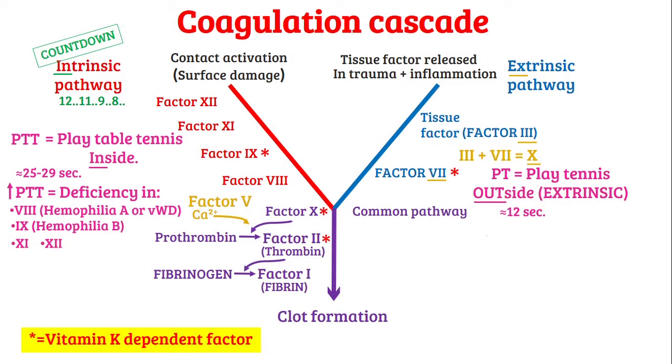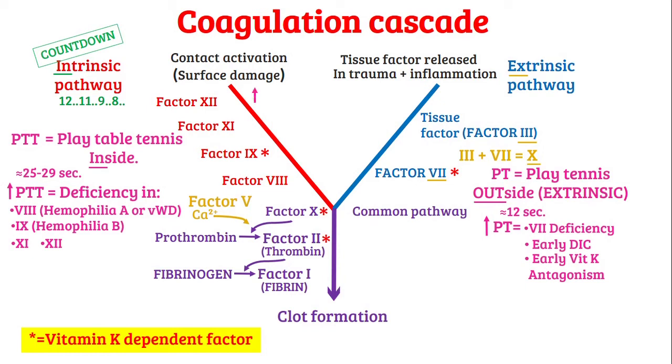A prolonged PT with a normal PTT can come from factor 7 deficiency and may also be a sign of incoming disseminated intravascular coagulation or an early sign of vitamin K antagonism. Since factor 7 has the shortest half-life, in an early stage the remaining vitamin K dependent factors, which are 2, 9, and 10, are not affected as much.